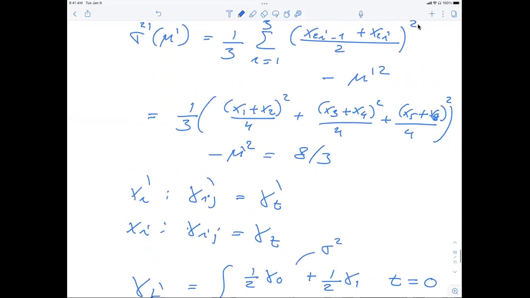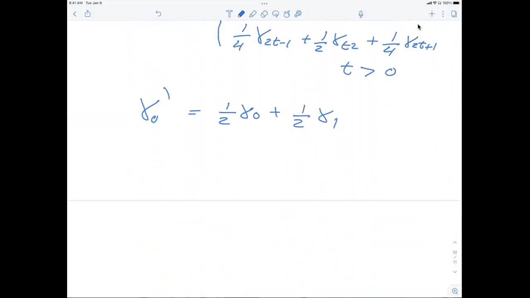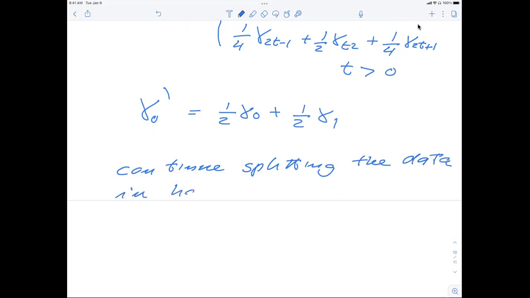So I would then keep halving. I would continue splitting the data in halves.